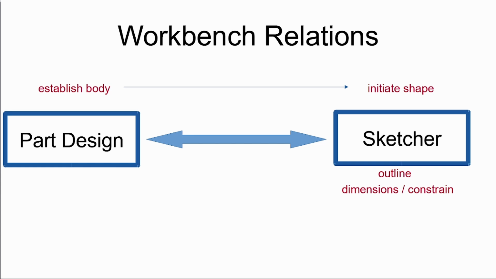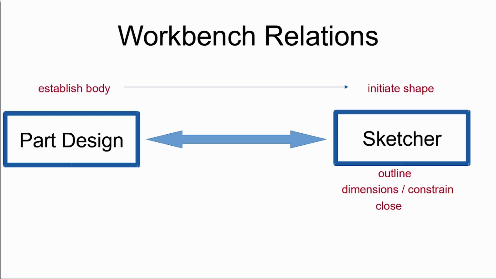Dimensions are necessary for accuracy, especially after you start stacking parts. You're building individual bodies in part design, and then you're fitting them together in assemblies. And so the dimensions are going to be important, and constraints, which I'll explain a little bit better.